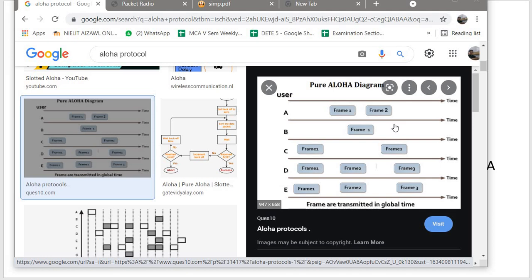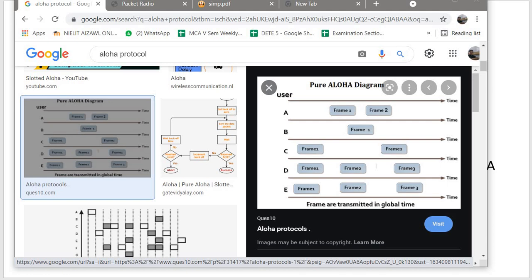The third one is that the population of stations attempts to transmit both new frames and old frames, and they collide according to a Poisson distribution. So there is a large chance of collisions in pure Aloha, and this is the problem with the Poisson distribution. These are the things in pure Aloha.